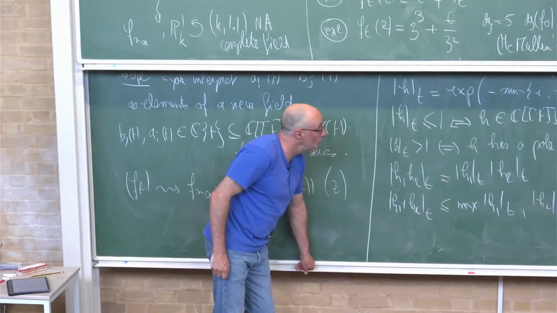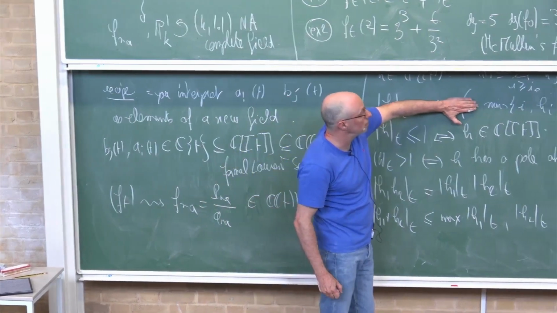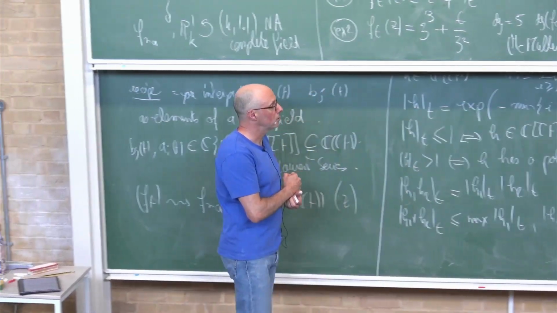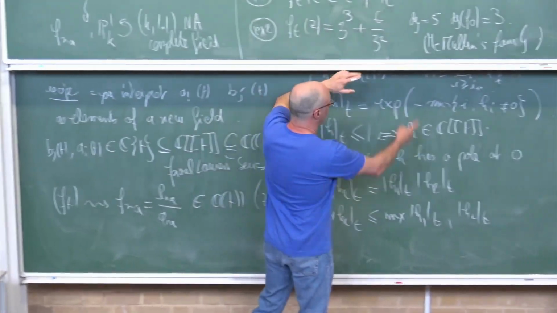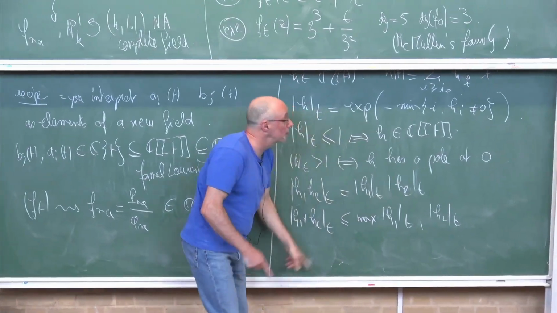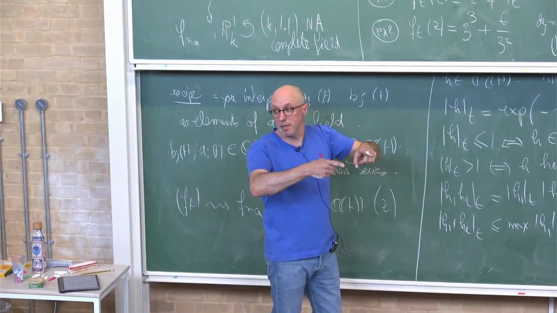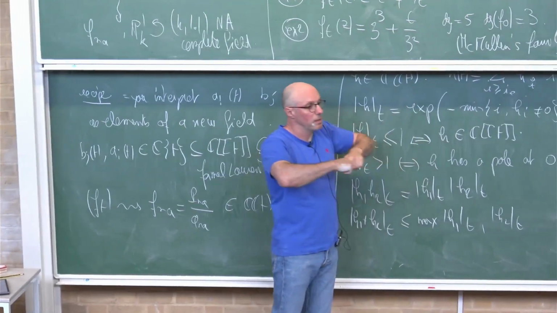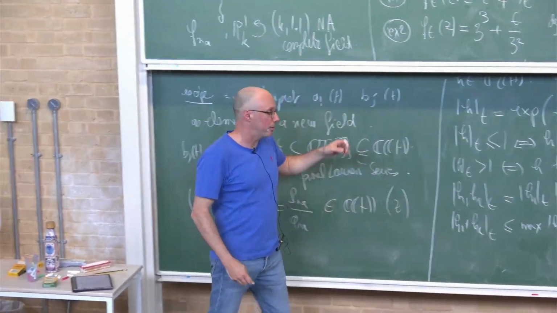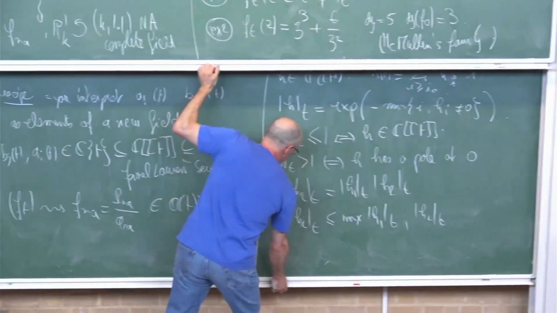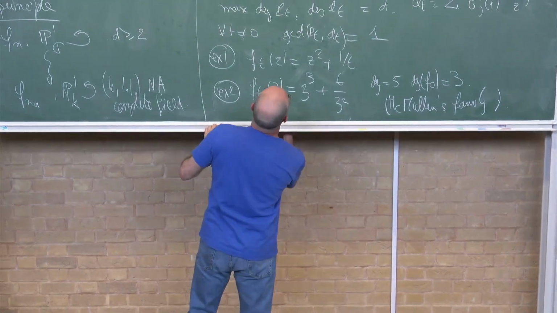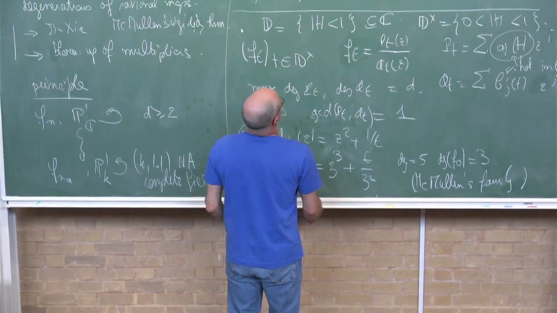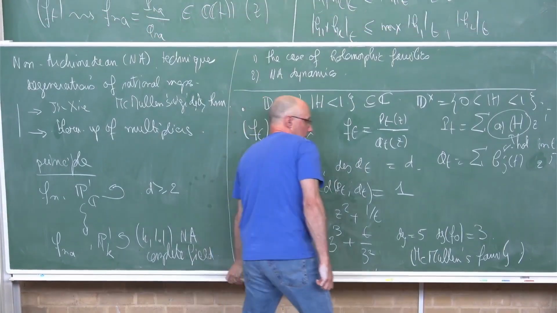And why is it so? This is because this function here is in fact a valuation. When you sum two formal power series, it might be that they vanish at exactly the same order, and when you take the sum, the sum is going to vanish at a higher order. It's exactly this inequality. Okay.